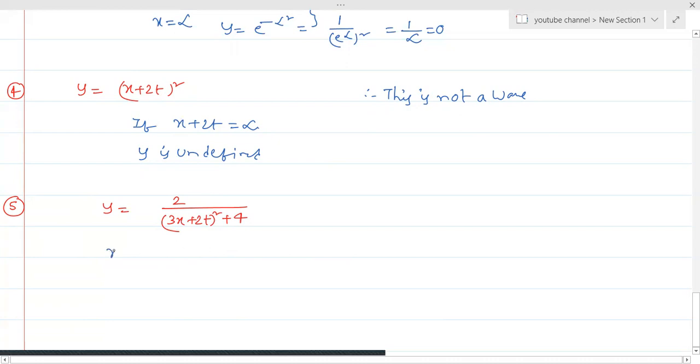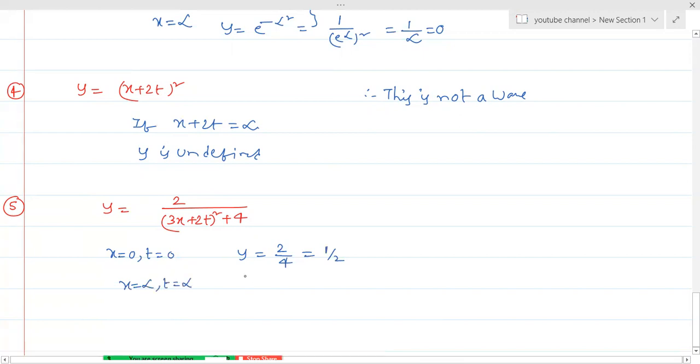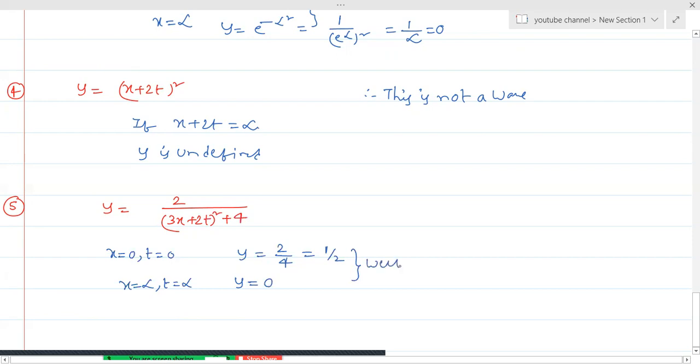So we can check values. Let us say x is equal to 0 and t equivalent to 0. Obviously y has some value: y equivalent to 2 by 4, which is 1 by 2. And if x is equivalent to infinity and t is equivalent to infinity also, then something by infinity means y is going to be 0. So this is well defined.